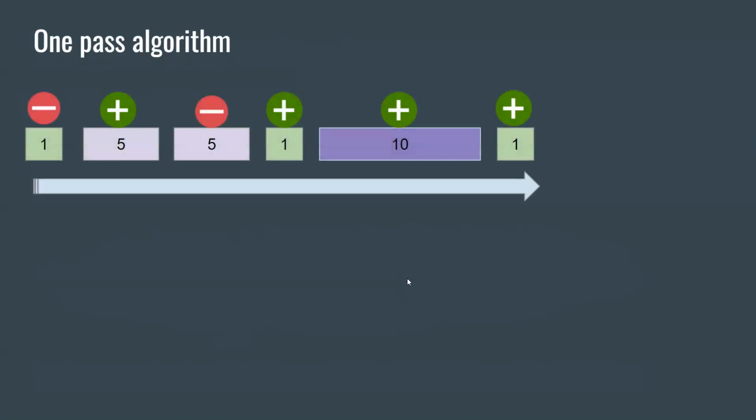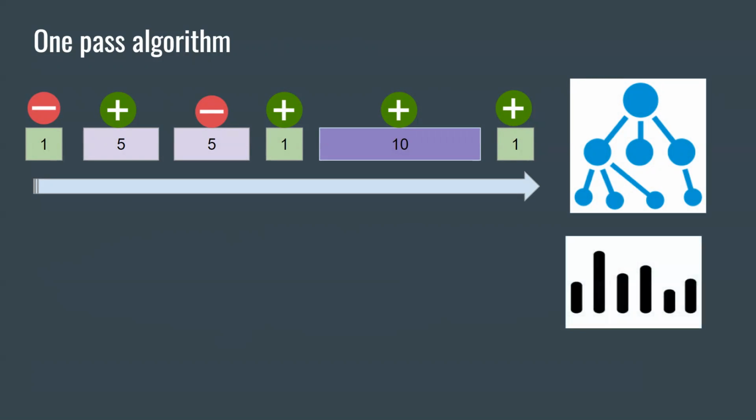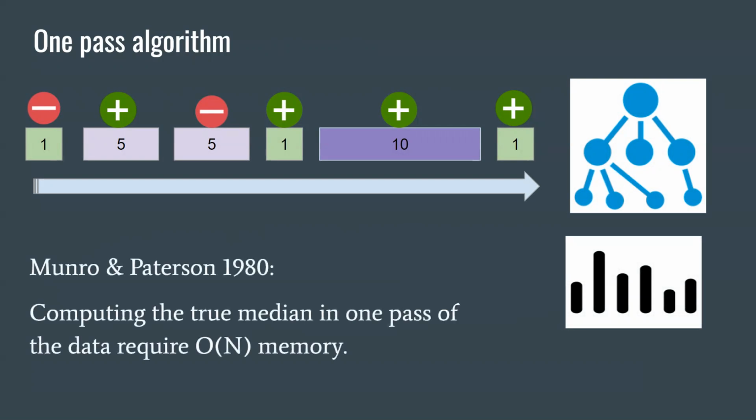Imagine we want to summarize a very large dataset that is being updated very frequently with inserts and deletes. We desire a one-pass algorithm that can process each item exactly once and output accurate statistical information. In 1980, Munro and Paterson showed that computing the true median in one pass requires linear space.